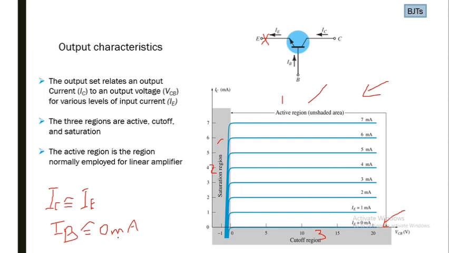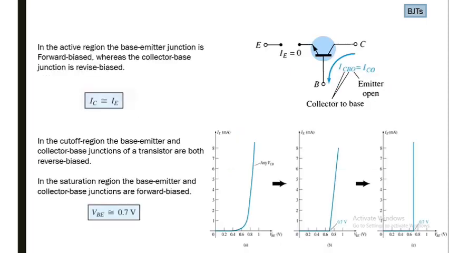But it is not actually equal to 0 milliampere, since we have some IB current that is in micro or pico ampere range, while IE and IC are both in milliampere ranges. This is the equation we just discussed, that IC is approximately equal to IE.